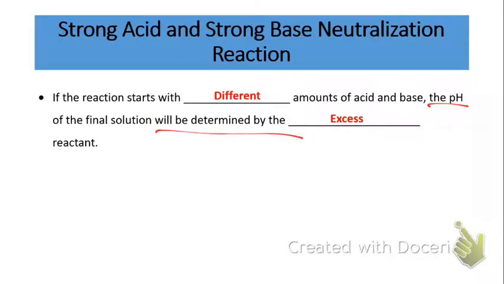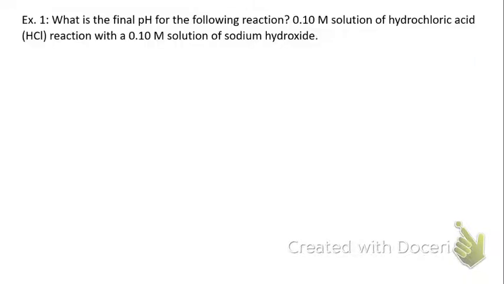And if there is an excess reactant, the pH should not be 7. So, for instance, if we have an excess of strong acid, then the pH of the final solution should be less than 7. But if the strong base is in excess, then the pH should be greater than 7. Okay? So let's do some example problems here that show and indicate these ideas.